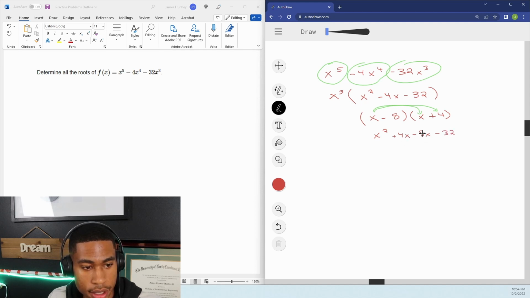So that cancels to a -4x, which lets me know that this actually does work, and I wrote my problem out correctly.